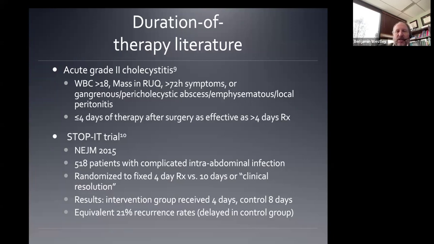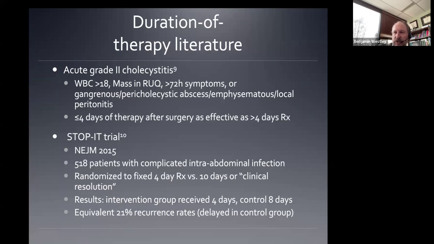So either you stop at 4 days with a white count still up and still not yet eating, or you go to 10 days. And what they found was that the antibiotics were typically 8 days in the other group, 4 days in the intervention group. But 21% of both groups had the same rate of recurrence.